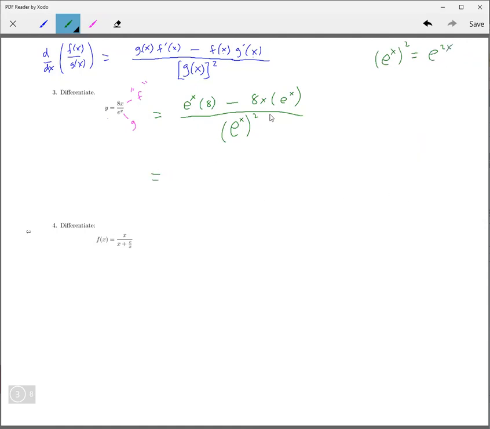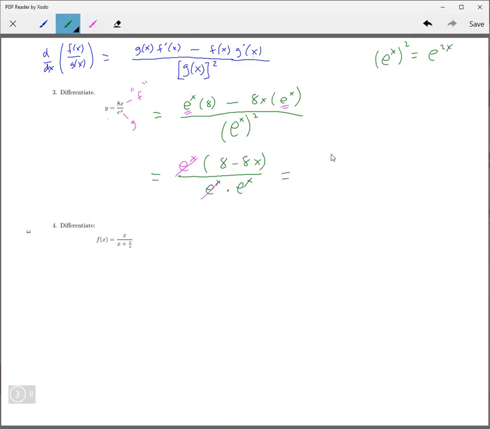But maybe it's easier not to, because right here as it is, I have an e to the x here and I have an e to the x there. So those factor out as e to the x. And e to the x squared is just e to the x times itself, right? So that means that this and this are going to cancel with each other.